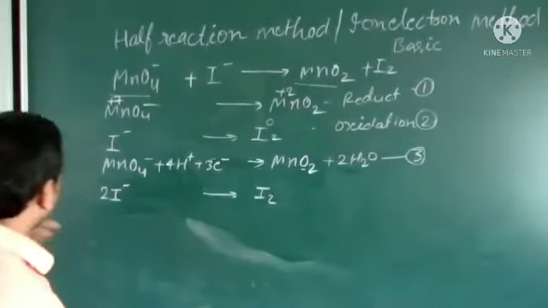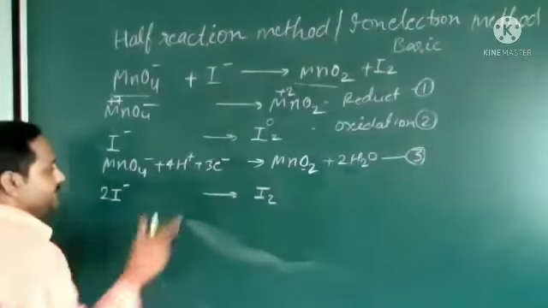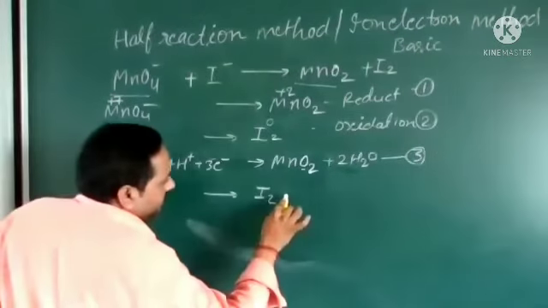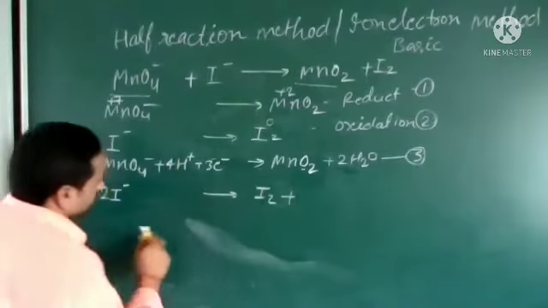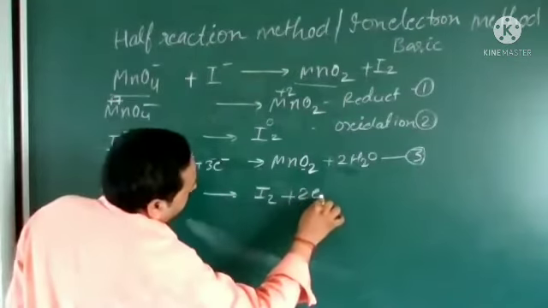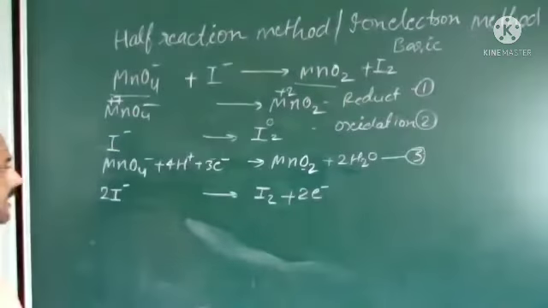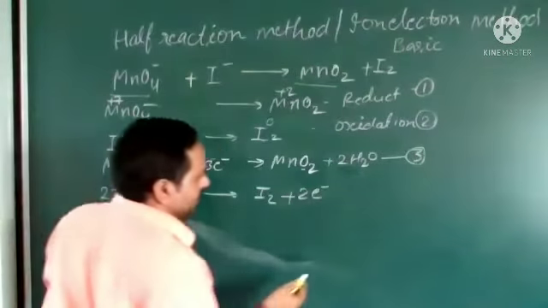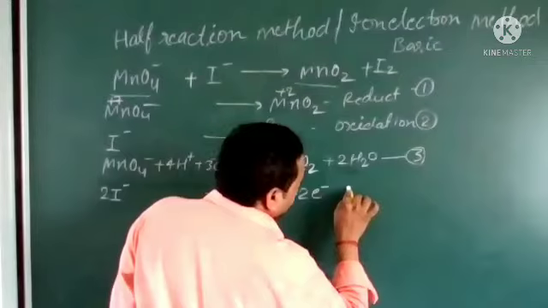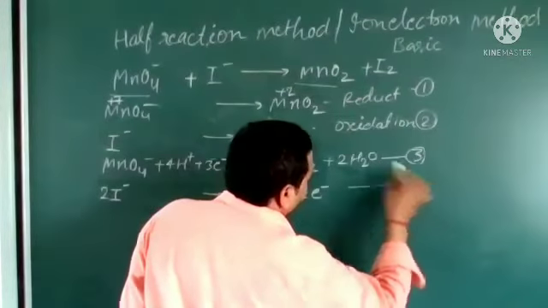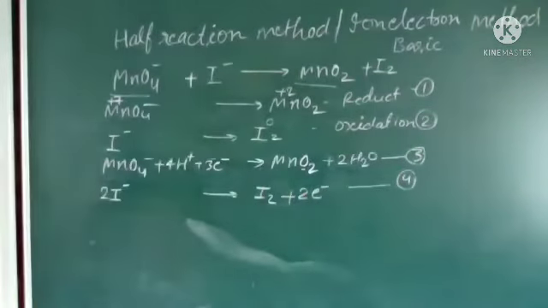The charge is -2 on the left and 0 on the right, so we add 2 electrons on the right side, and now the half equation is balanced. This is equation number 4.